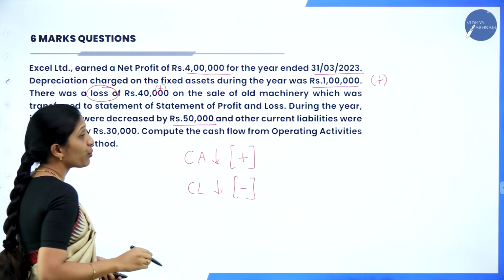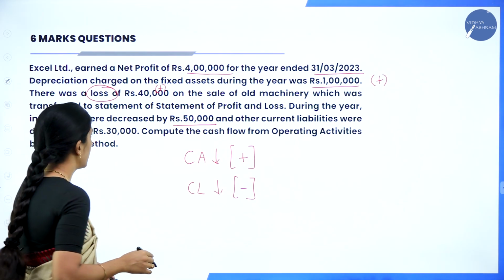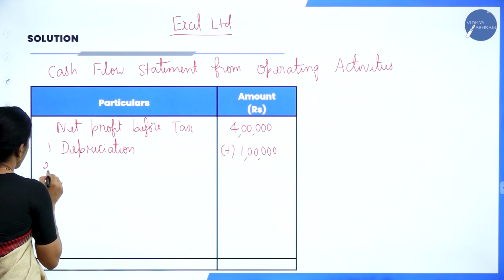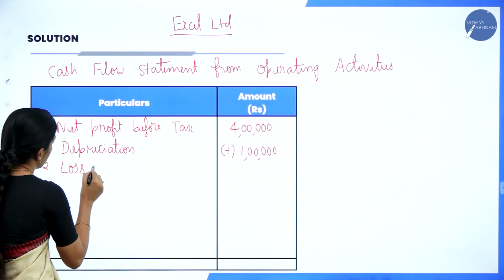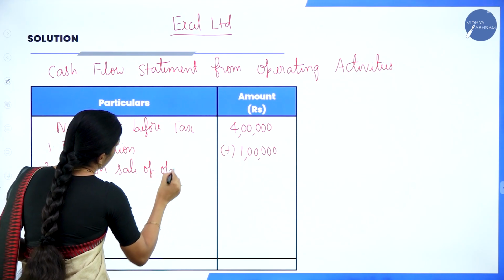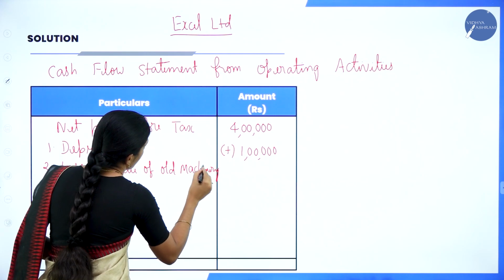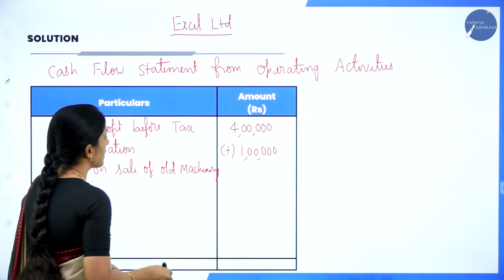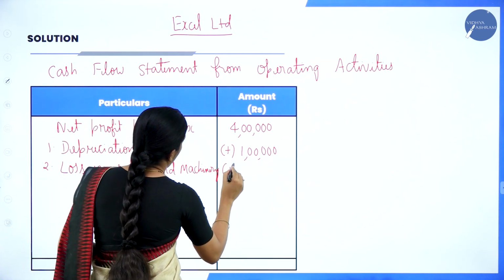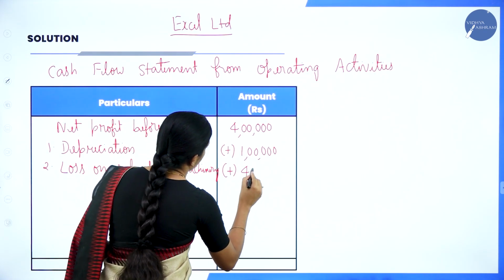And the next one is there was a loss. So loss on sale of old machinery. Second is loss on sale of old machinery. Since it is loss, you have to add here, that is 40,000.